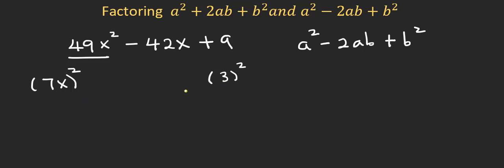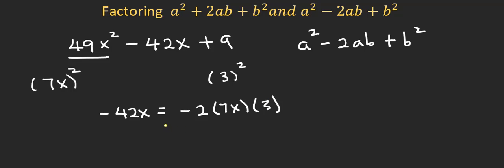Now, you have to make sure that it comes out to be negative 2ab. Is negative 42x equal to negative 2 times a, which is 7x, and b, which is 3? If it is, then this is a perfect square trinomial. Do we get negative 42x?